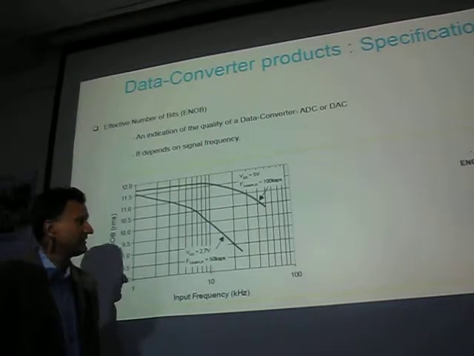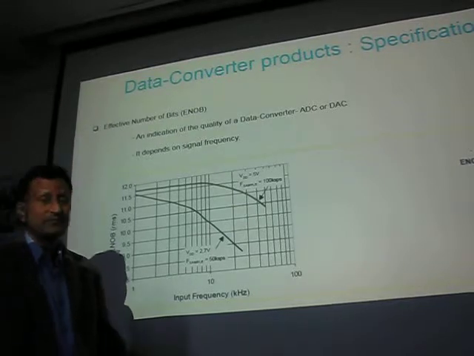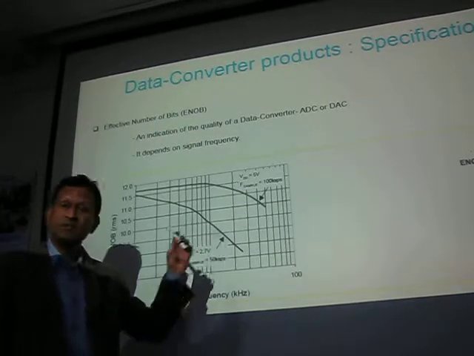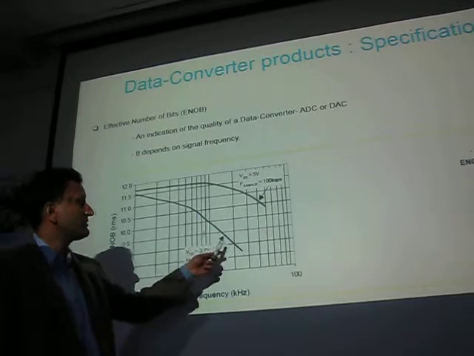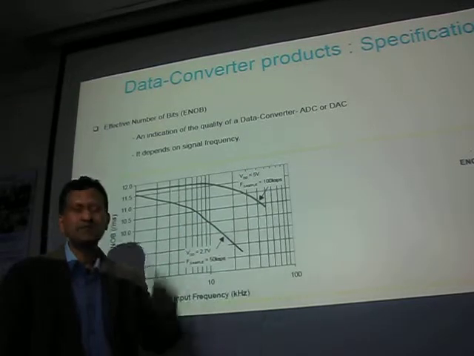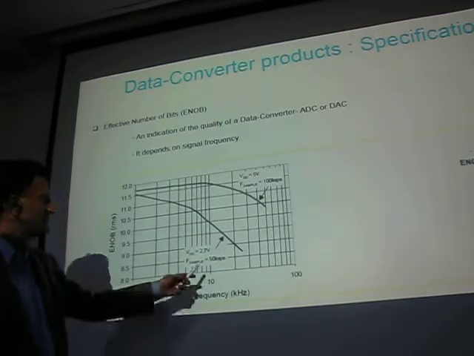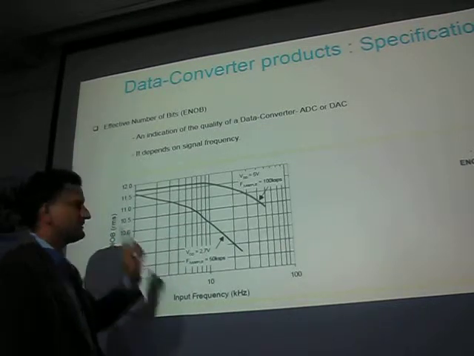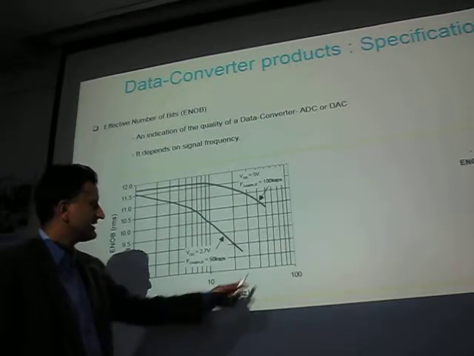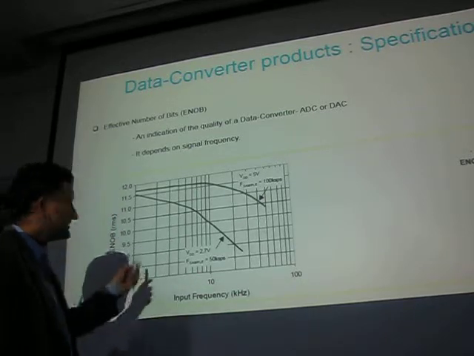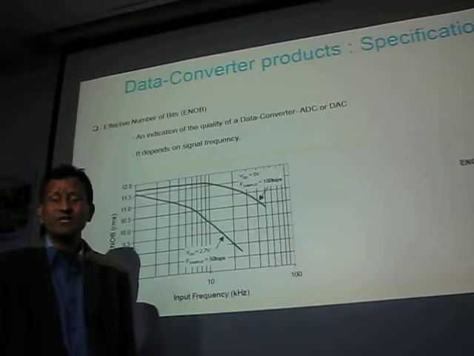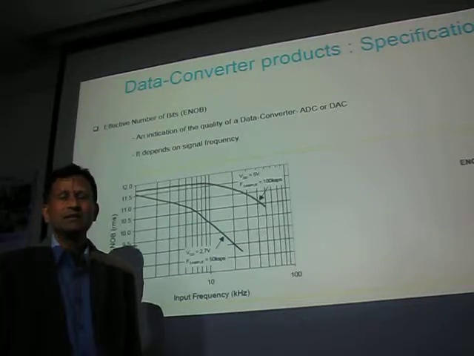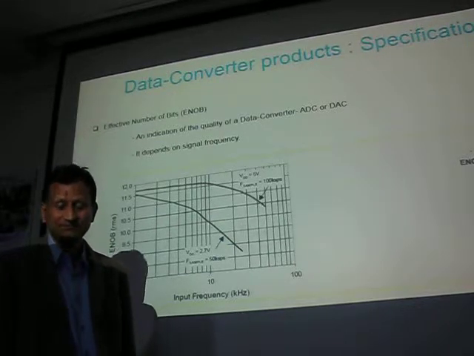As it is shown here, the resolution will be the same, but the effective number of bits decreases as the signal frequency increases. For example, at a 10 kHz signal, the ENOB is 10 bit, but at 100 kHz it is less than 8 bit ENOB for the 10-bit data converter also.